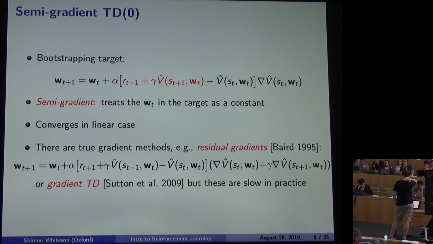Okay. And this is going to give us an algorithm which still converges, at least in the linear case. Now there are methods that don't take this shortcut, that are so-called true gradient methods. The earliest example of this is from Baird, who in '95 proposed residual gradients, which gives you an update rule that's shown here. It's exactly the update rule that you would get if you actually computed the gradient.